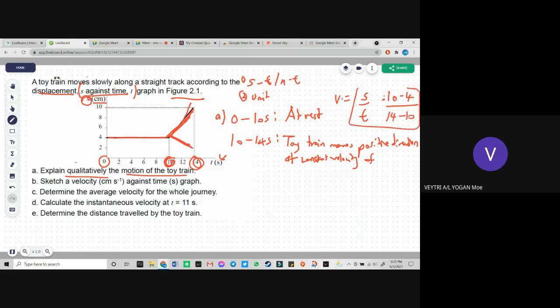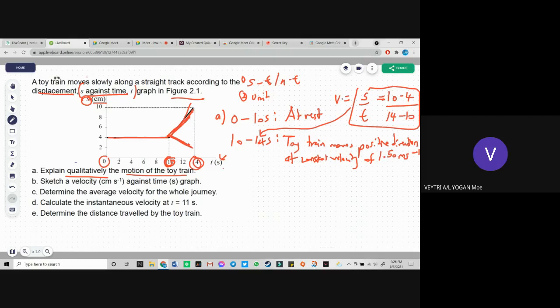We are only talking about 10 to 14 seconds. So, what is the value? Anyone? 1.5. Yes, 1.50. Remember, unit is very important. Meter per second. Okay? This is how to answer qualitative.